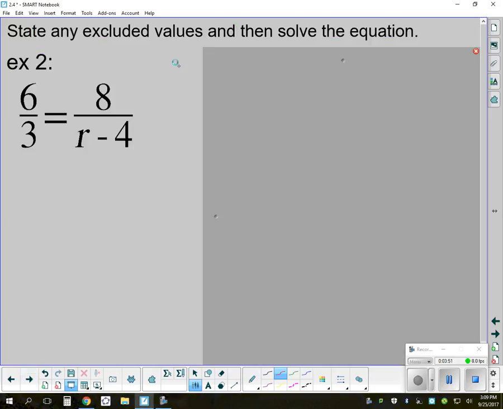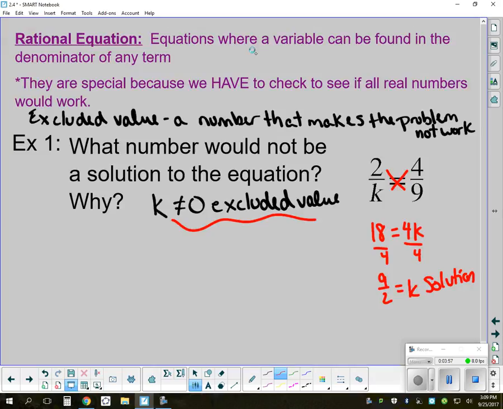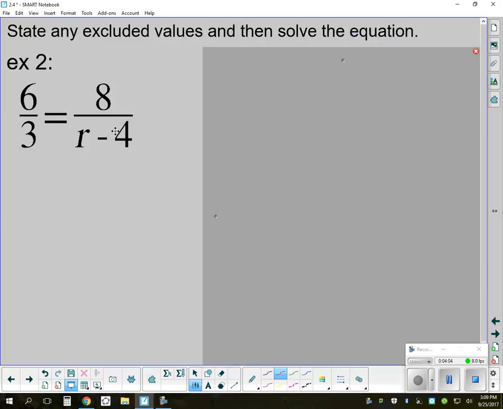Okay, number 2, state any excluded values and then solve the equation. So notice that just like the last one, this is a rational equation. We have fractions and we have variables in the denominator specifically. First, for the excluded values, again, we cannot have 0 in the denominator.